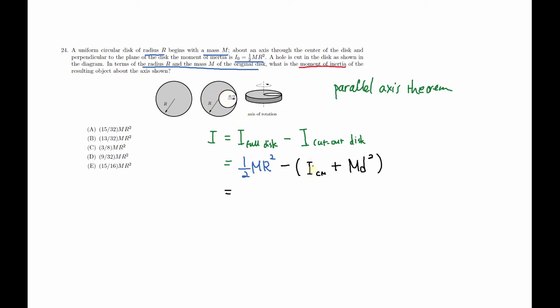I'm going to first define the I center of mass here. Obviously the center of mass of our cutout region is going to be the center of this circle, and before that we have to find the mass of this cutout region.